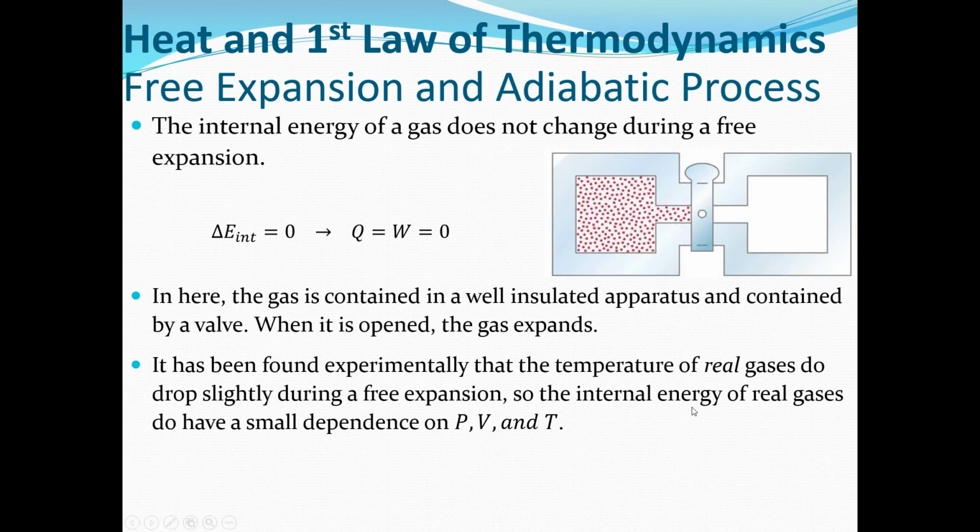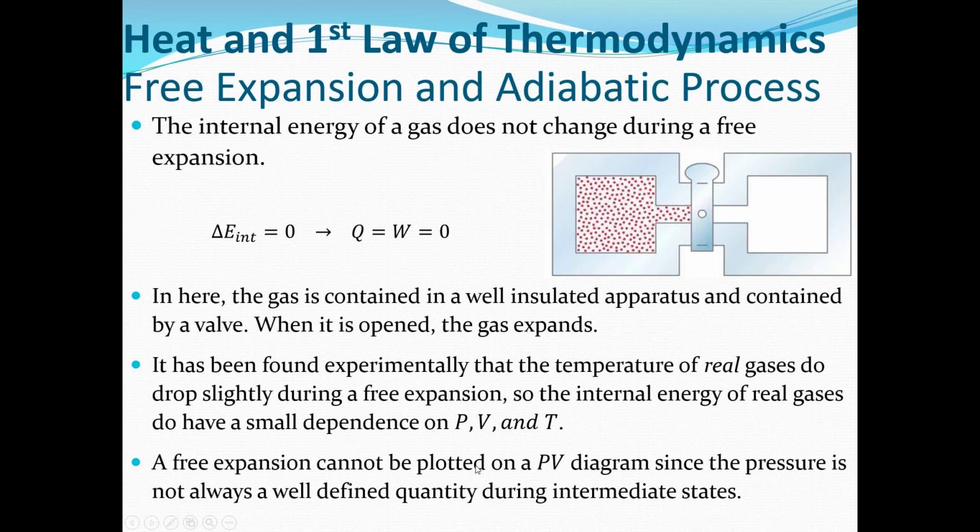For example, during this expansion, there is going to be a slight change in temperature, based off the pressure and volume, so the internal energy will change a bit. Like I said, that's also true with the isothermal case and the adiabatic case. It's not really going to have no temperature change or no heat change, but it's a good approximation of what's going on.